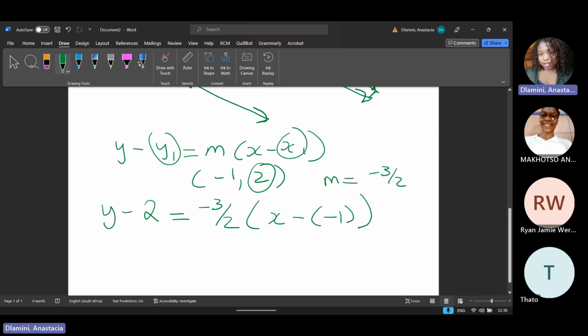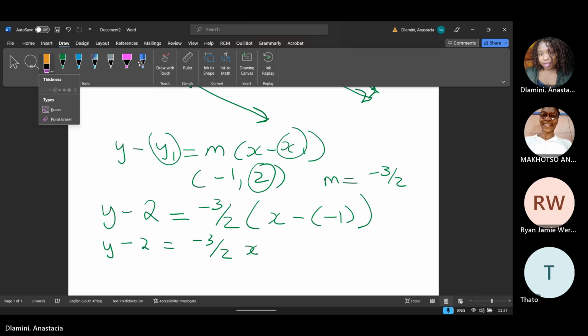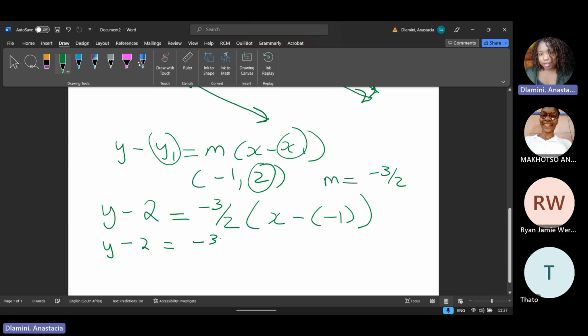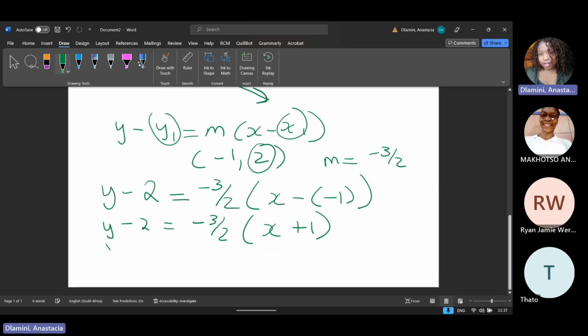So this is y minus 2 equals -3 over 2, and let's sort what is inside the bracket. So this is x plus 1. Then we say y minus 2 equals minus 3 over 2x minus 3 over 2.